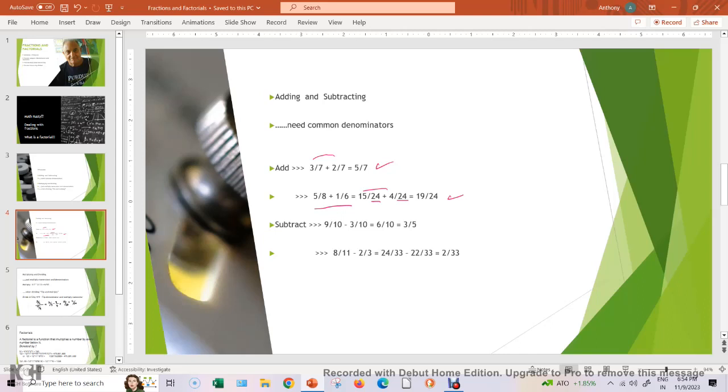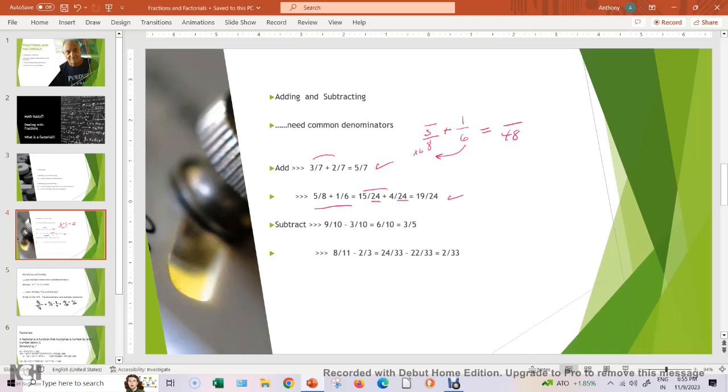Now, if you're in a situation where you don't know what the common denominator is, what you can do is just multiply the denominators. In this case, it would be 48, okay? And so we say, well, if we want 5 over 8 to become something over 48, how do we go from 8 to 48? Well, we multiply by 6, right?